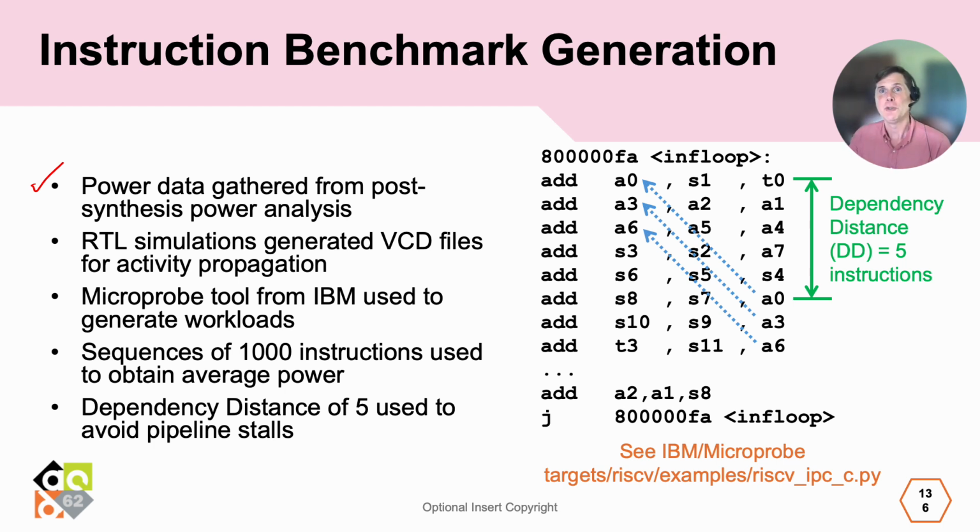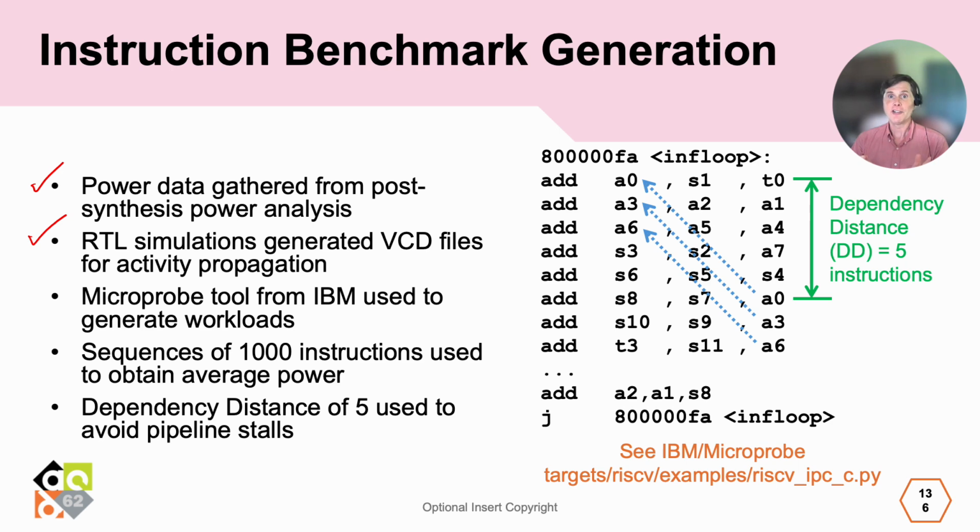And then we want to gather switching activity from RTL simulations, which will generate VCD files for the switching at the register outputs, and then use activity propagation to all of the gates in the post-synthesis netlist to tell us exactly how much power we're having over a certain window of the VCD file.